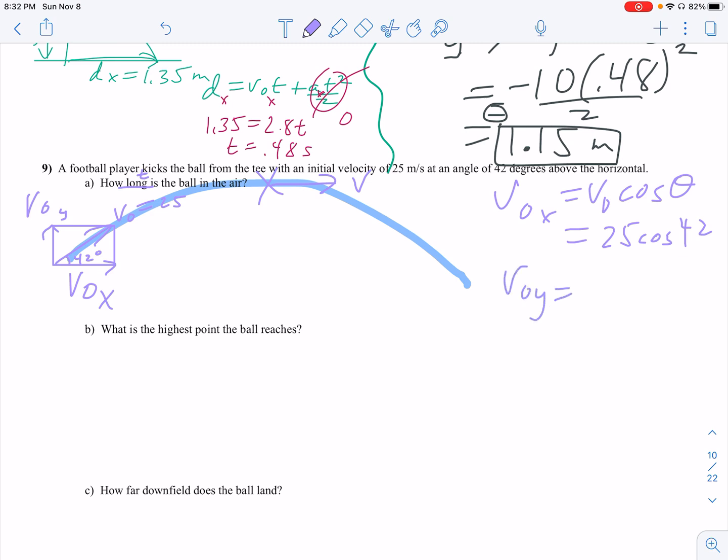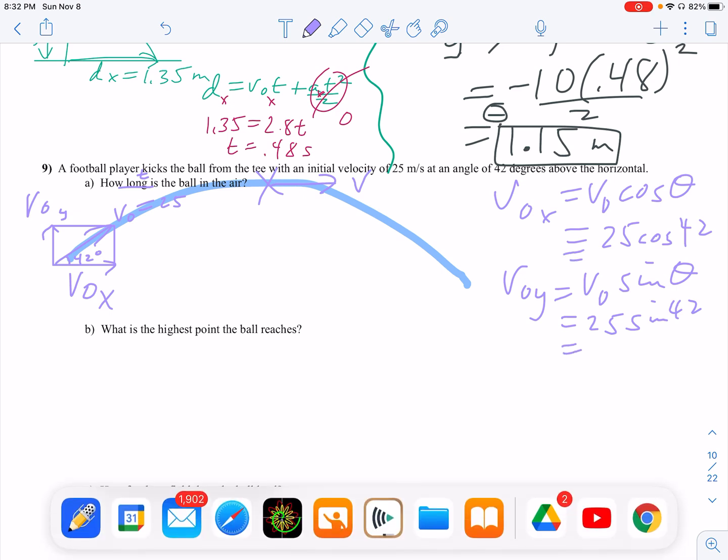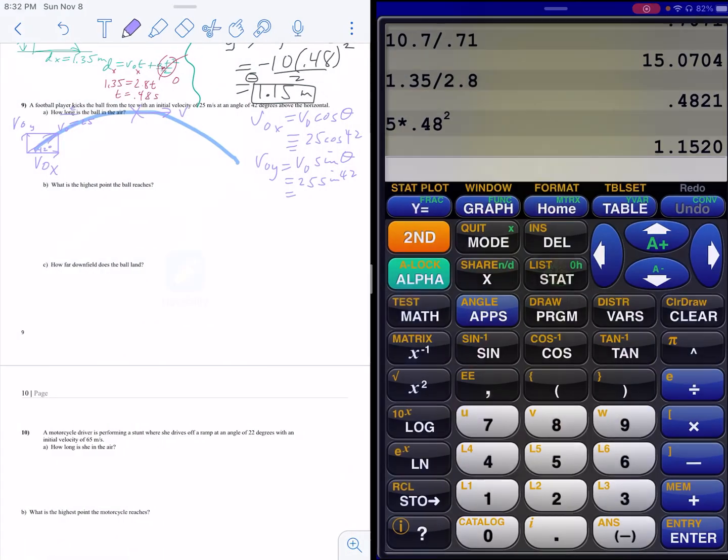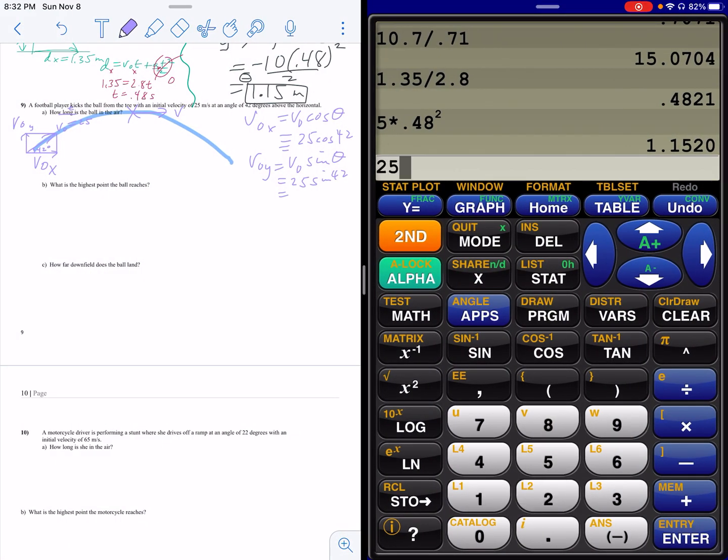VOY is equal to VO sine of theta. So that's 25 times sine of 42. Let's find those answers. 25 cosine 42.